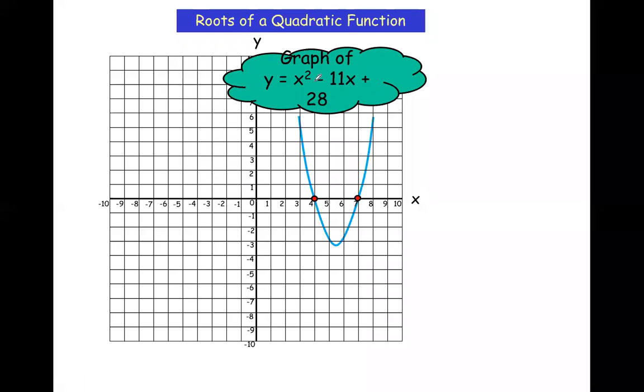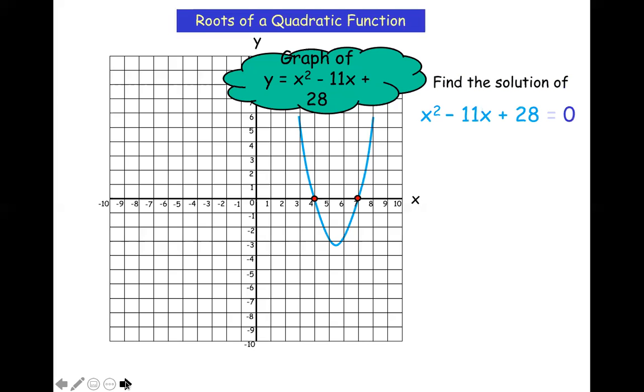Here I've got the graph of x squared minus 11x plus 28. And I know by looking at the graph that my solution for this would be 4, 0, and 7, 0.